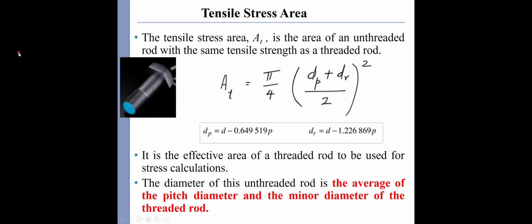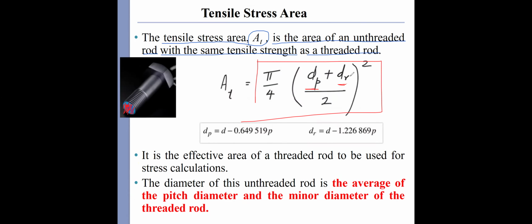Here we define a parameter called the tensile stress area, AT, which is the area of an unthreaded rod with the same tensile strength as a threaded rod. This is the cross section, and we define it as AT, the tensile stress area. It can be roughly evaluated by this relation, where dp is the pitch diameter and dr is the root diameter.